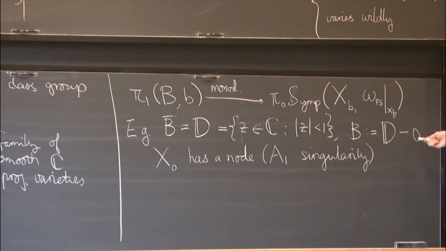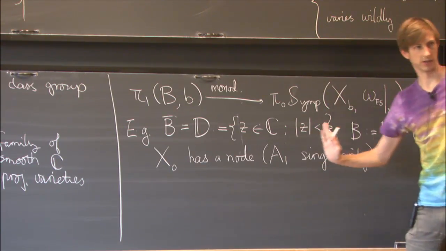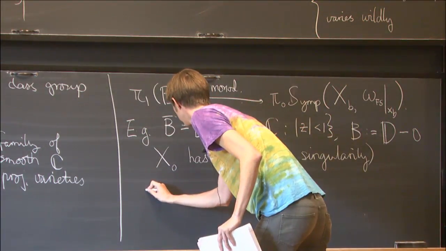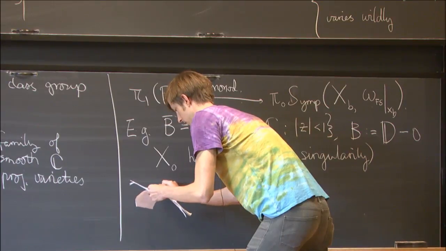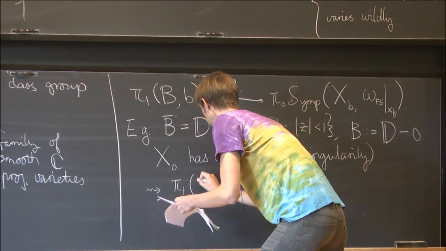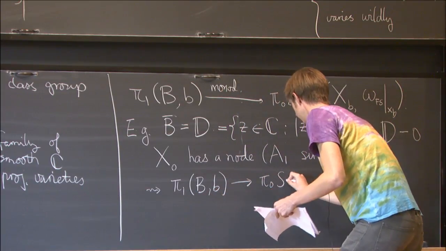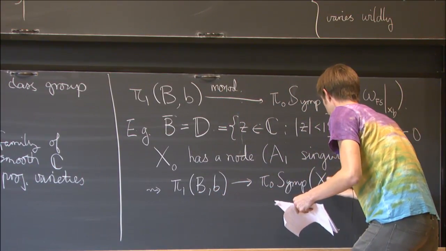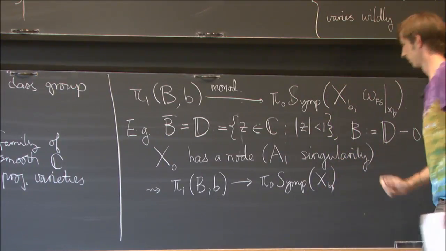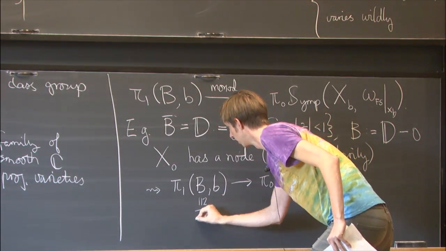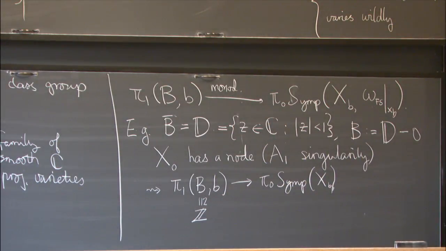But if we remove this central fiber, the fiber over 0, then everything else is smooth. Then we get this monodromy map, where of course the fundamental group of our base is now Z.